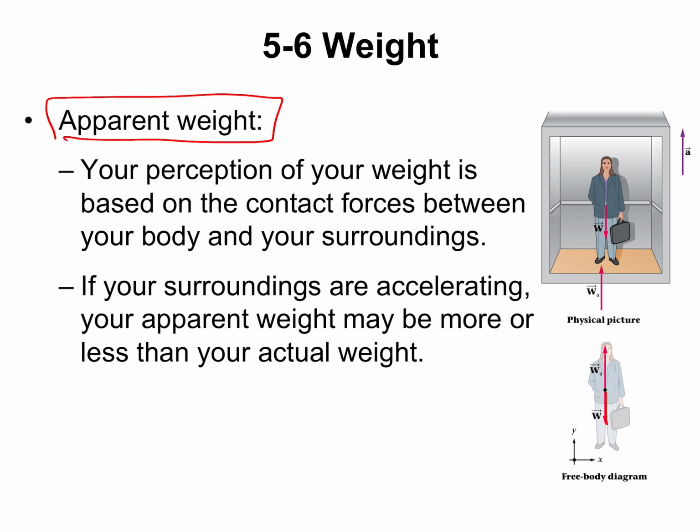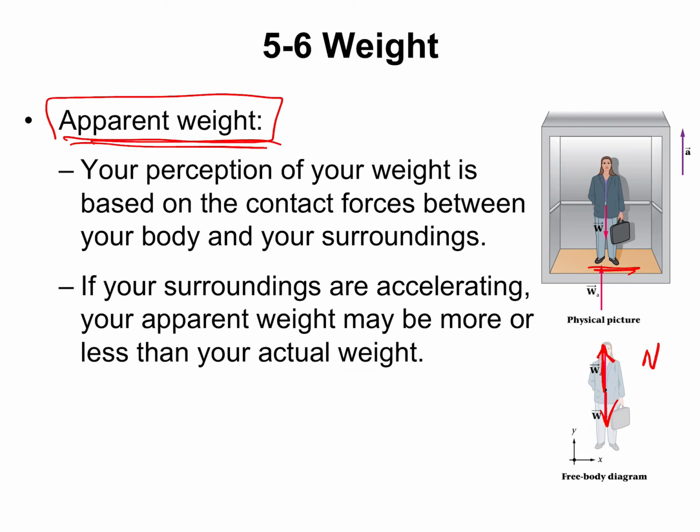You have two forces: your weight, and the ground applies a push-up force on you. This is called the normal force, which we'll talk about later. And this force is actually your apparent weight.